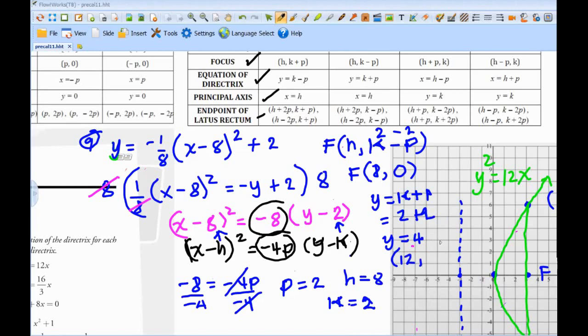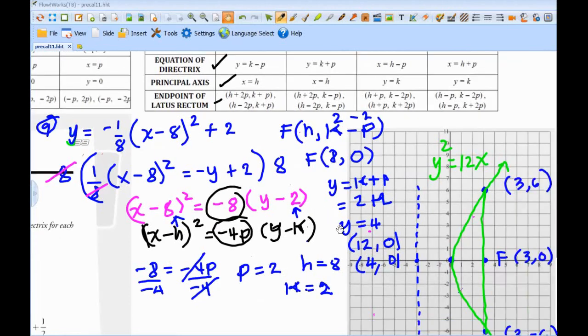And the value is K minus P, so 0. And then the other one, H minus 2P, so 8 minus 4, which is 4. And then K minus P is also 0. So these are the important things that we need. Then we can graph now.